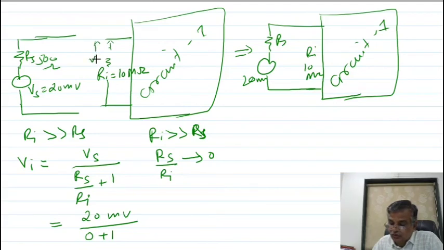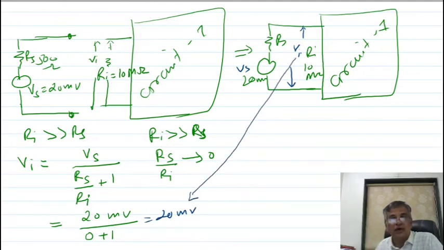This is what you want to give as the Vi. So this is your Vi. This is your Vs. So this Vi will be nothing but, how much will it be? It is 20 millivolt. This Vi will be how much? 20 millivolt. Why? What is the reason?